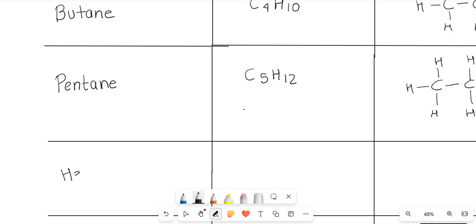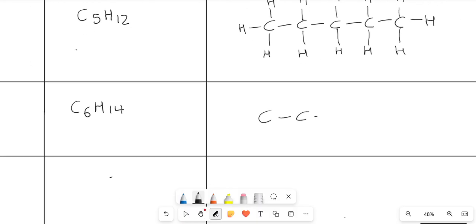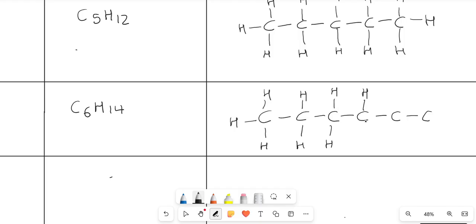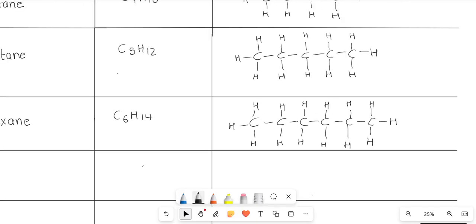Hexane has 6 carbon atoms, C6H14, surrounded by 14 hydrogen atoms. I hope this was clear.